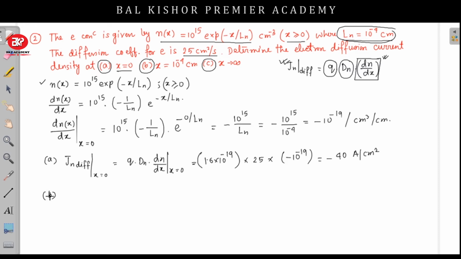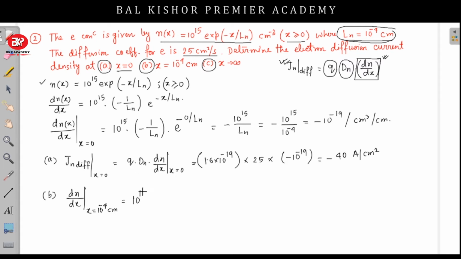Now let us find the value of dn by dx at x equals to 10 to the power minus 4 centimeters. In this equation, I will put the value of x equals to 10 to the power minus 4.